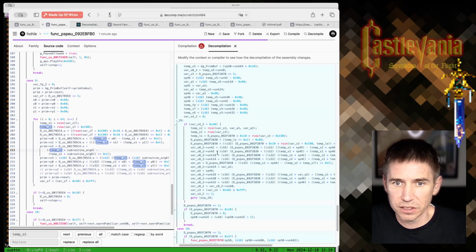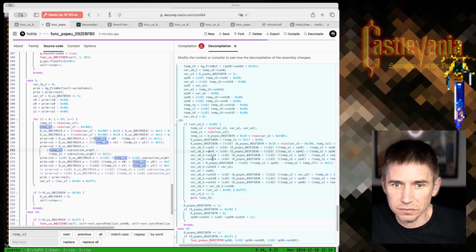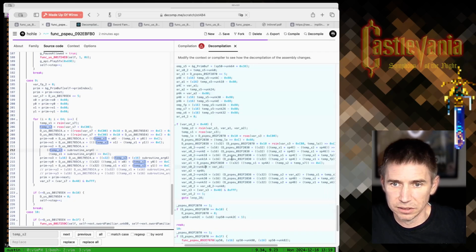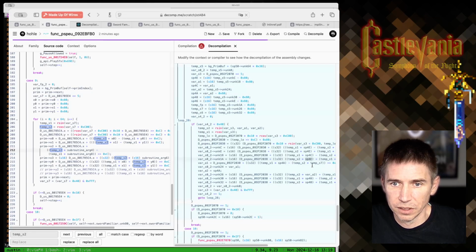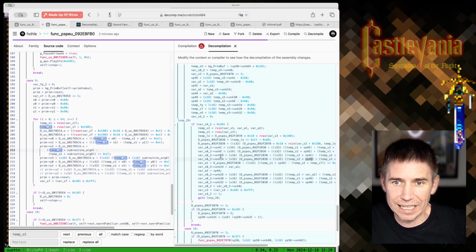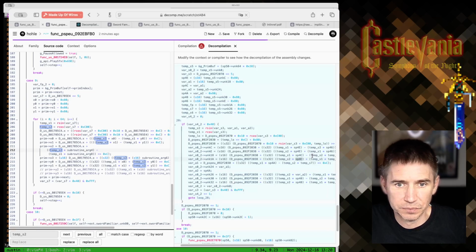So we need to look at where our assignments are happening, and we're primarily concerned with this 1A and 2-4 assignment. And these are pulling from SP4C. Sorry, the 1-8 and 1A.